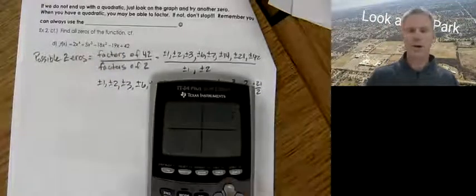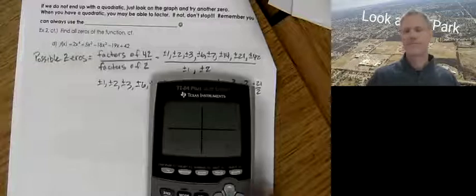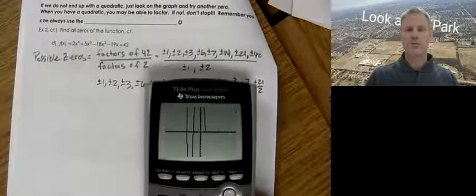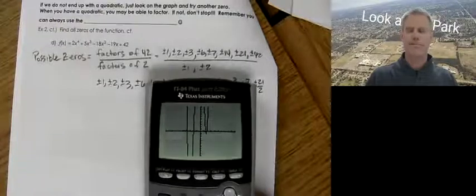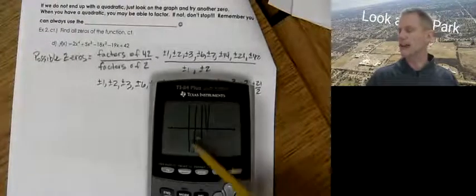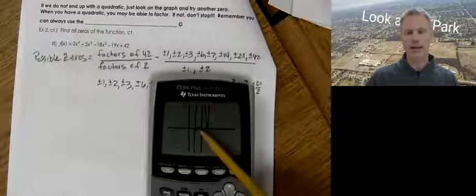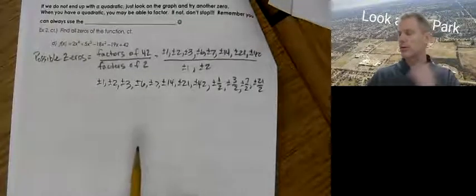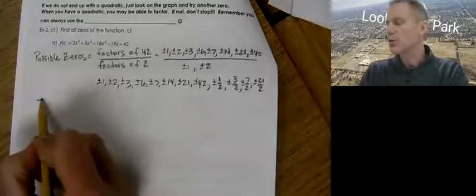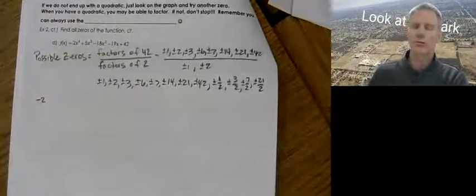And if you type those in, I think we already did that once, we'll see that it crosses several different times. And we had determined that -2 looked to be our best option. So if those are your possible zeros, -2 was a really good choice to use.